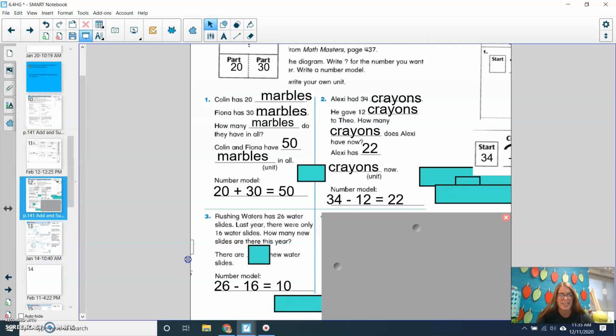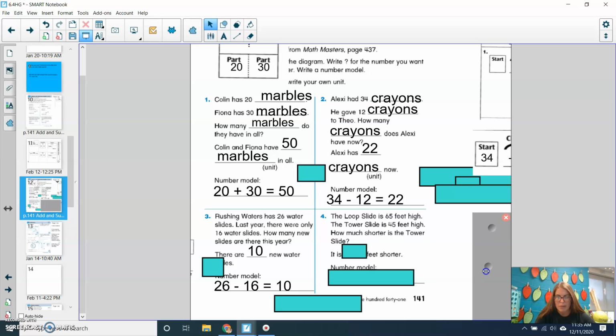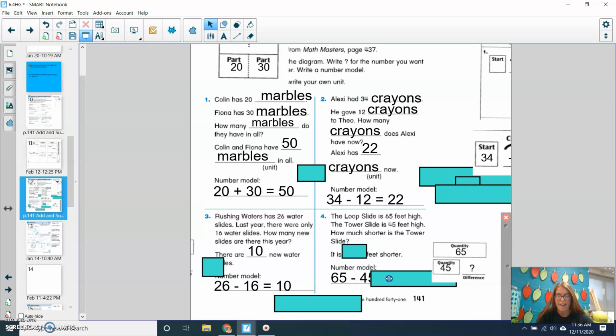So there are 10 new water slides. And for my last question, number 4, again, I chose to use the quantity difference. So the loop slide is 65 feet high, the tower slide is 45 feet high. How much shorter is the tower slide? So I used that number model, 65 minus 45 equals, and I should have had 20.